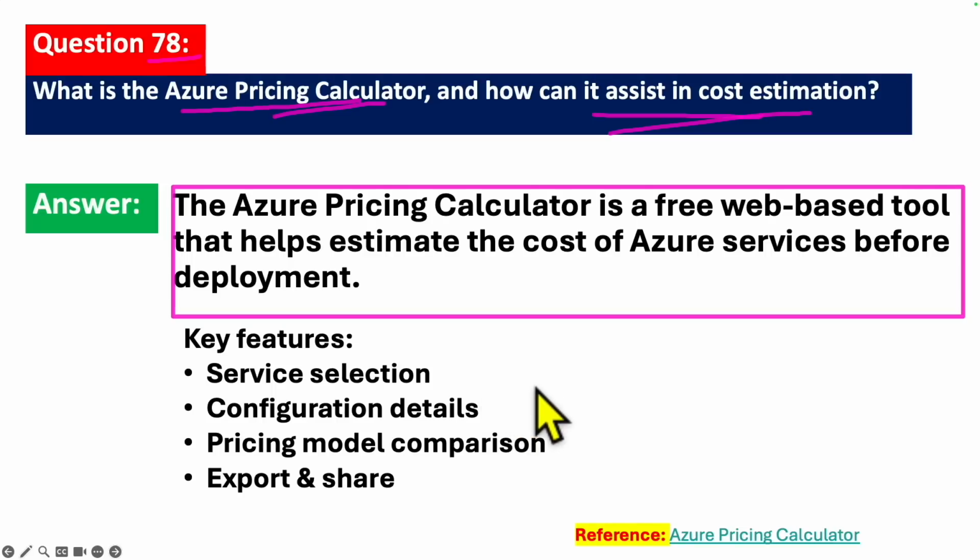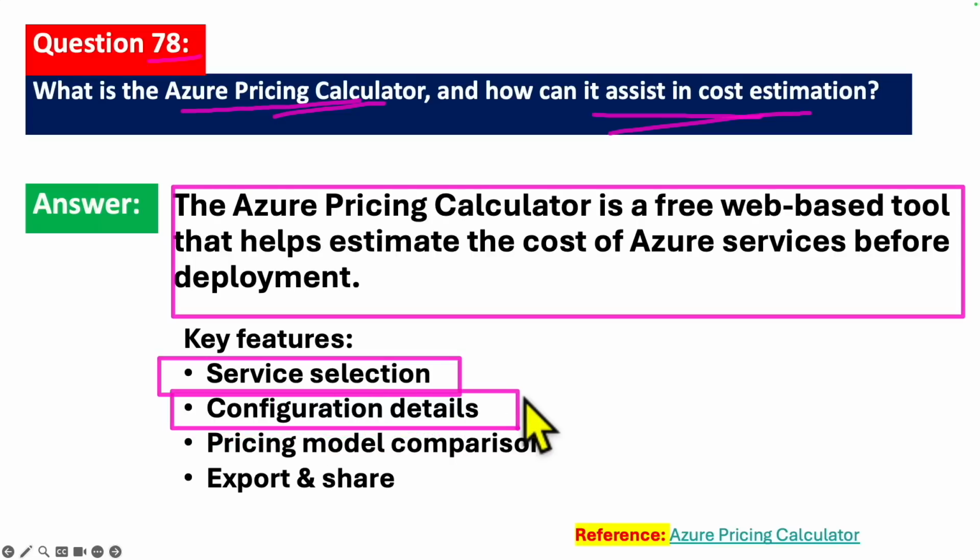Let's look at some of the key features of Azure Pricing Calculator. First, the pricing calculator allows users to choose from a wide variety of Azure services such as virtual machines, databases, networking, and others for looking at the cost. Second, the configuration details.